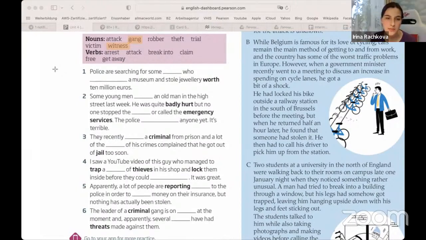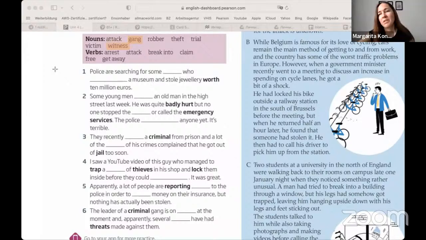Arrest — это арестовать, да? Yes. Arrest. Attack — это атаковать или напасть, да? Напасть, атаковать. Break into. So break into the house, for example. Break into the car. Проникнуть в дом. Вломиться, да.